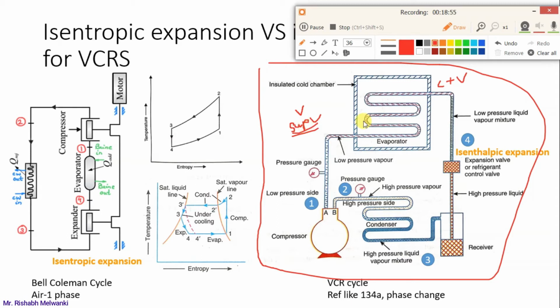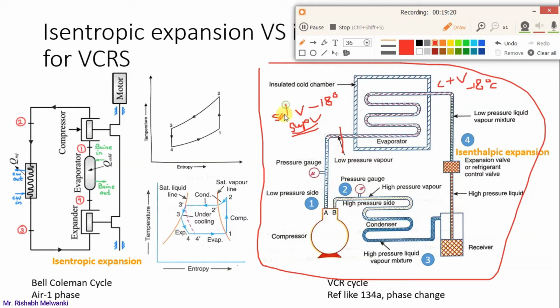Now what will happen? Suppose at the entry I have liquid plus vapor, and suppose the temperature of the refrigerant while entering is -18 degrees Celsius, for example. Now at exit, suppose I am getting all vapor and the temperature remains the same, -18. It means whatever refrigerant is coming out at this point will become saturated vapor.